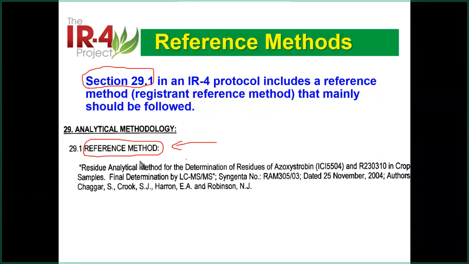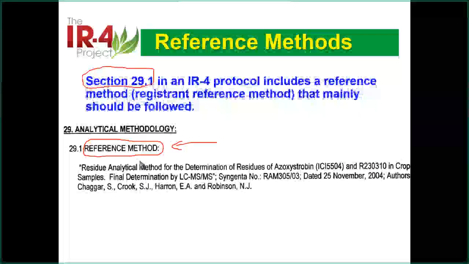We don't regularly invent our method in our lab. That's a totally different area. Sometimes that's another GLP study. So in this case, we have the method, but the method may not work in your lab. That's because they may work on different instrumentation. For example, this is the LC-MSMS.